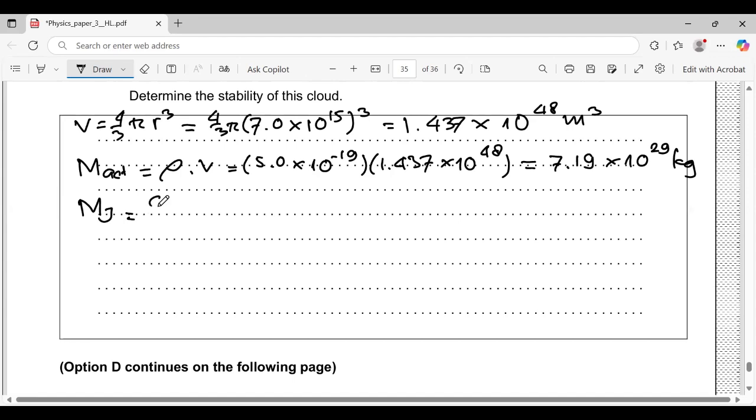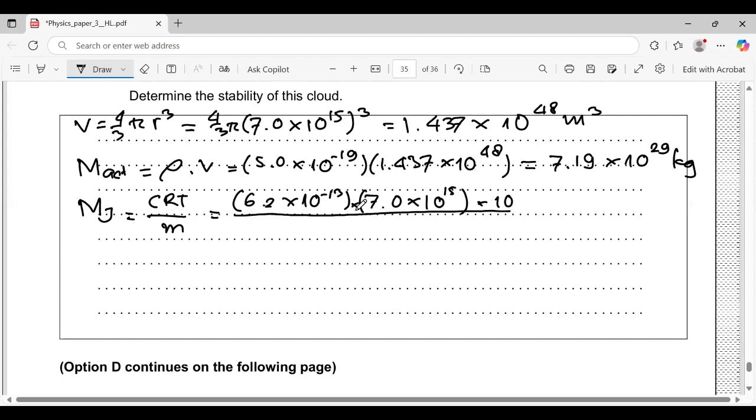And after that, Jeans mass, or MJ. Based on the information, the formula is CRT over m, or 6.2 times 10 to the power minus 13 times 7.0 times 10 to the power 15 times 10. Okay, just multiply, over mass 3.3 times 10 to the power minus 27.